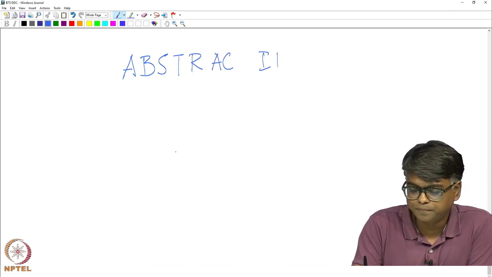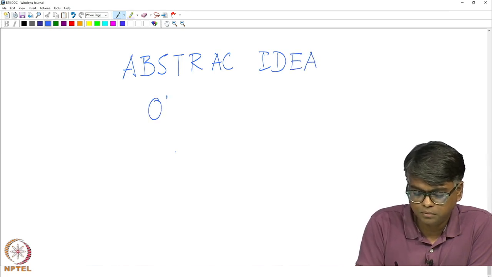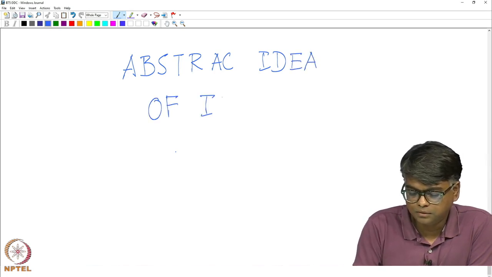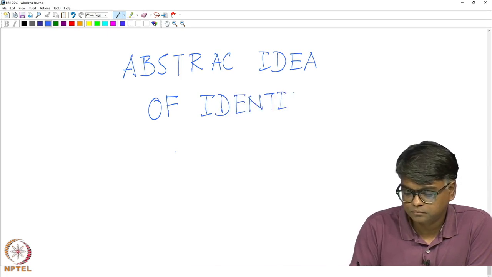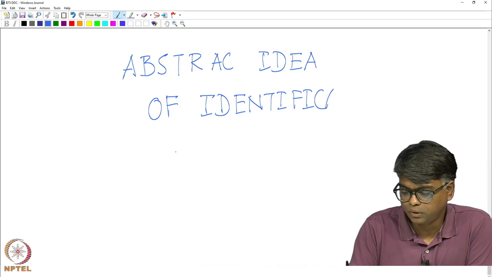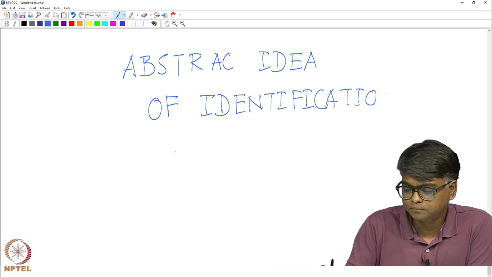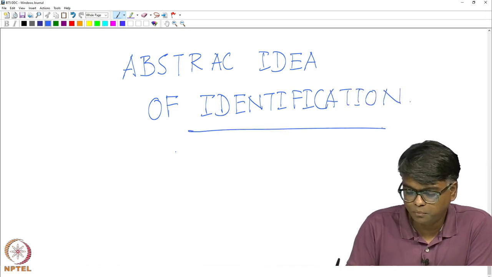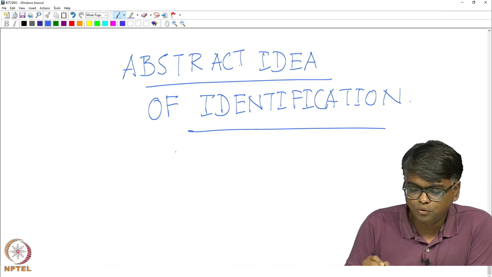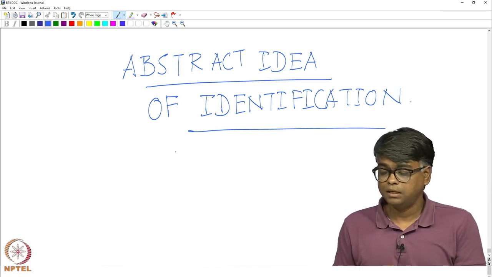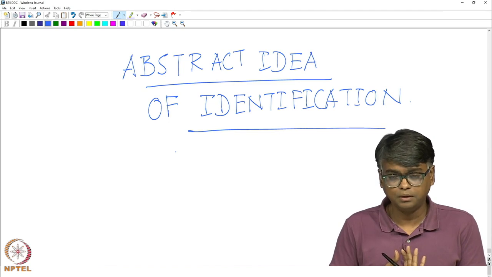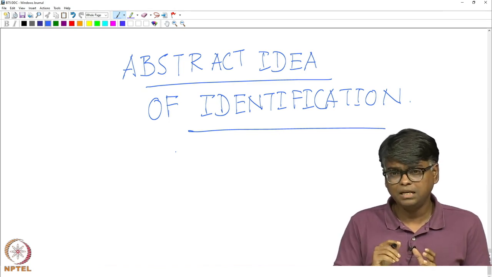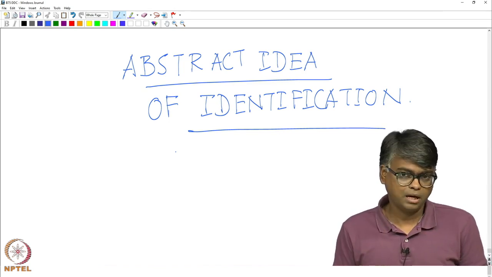Abstract idea of identification. Bear with me for a while. If you don't understand something, then just go back to what I am saying, do a rewind and replay what we have been discussing, because the idea is going to be a little abstract.